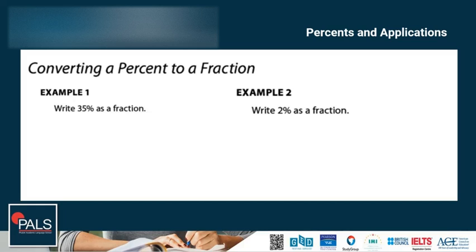Let's try the examples. Example 1, write 35% as a fraction. Write 35 over 100 and simplify.